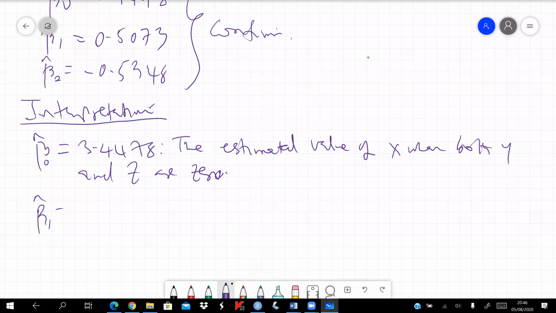So beta 1 estimate, which is 0.5073. This is how you interpret it.